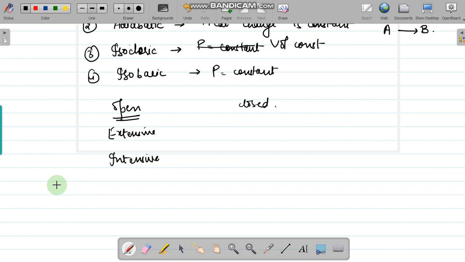Extensive properties are the properties which depend on the amount and size of the substance. For example, your mass, volume, surface area, internal energy, etc. And intensive properties are the properties which do not depend on the amount of the substance. For example, your temperature, viscosity, surface tension, refractive index. These are the intensive properties.